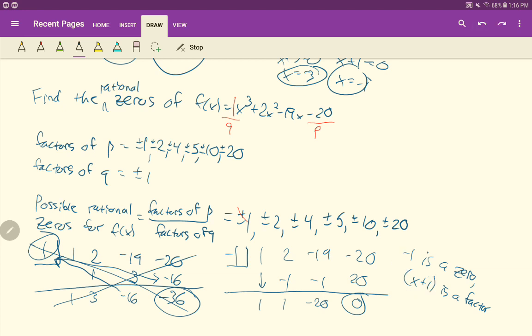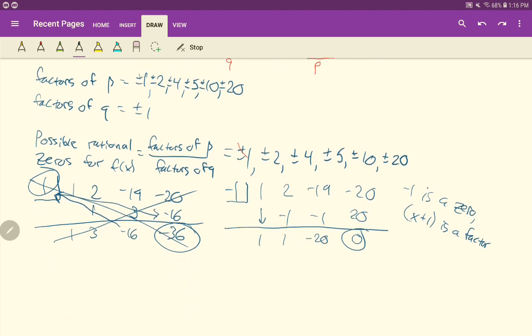Now what do we do? Do we have to keep guessing and checking here? Well, you could. But remember, what's this result right here? We get x squared plus x minus 20. That's a quadratic. And we can factor quadratics. We can tell if a quadratic factors or not, right? We need two numbers that multiply to make negative 20 and add to make 1. So what two numbers multiply to negative 20 and add to make 1?